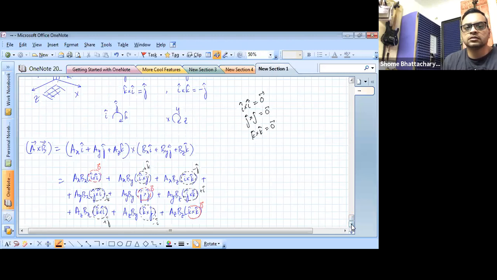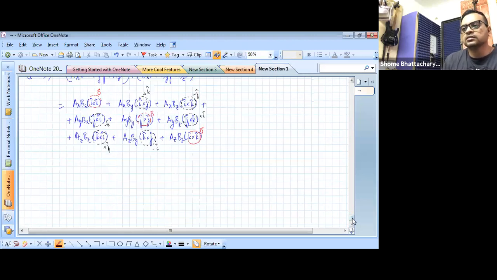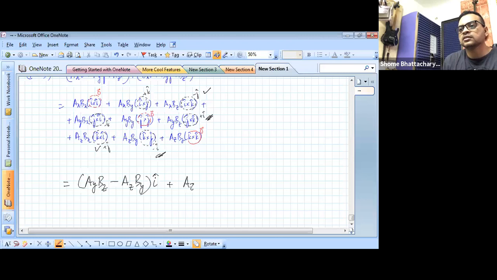Making use of these, you can see that when we put it all together, which terms come with i cap? This term is there with i cap, and this term is there with i cap. So taking i cap common, we have (AyBz minus AzBy) i cap. Then which terms come with j cap? There is this and there is this. When you take those terms together, you have (AzBx minus AxBz).